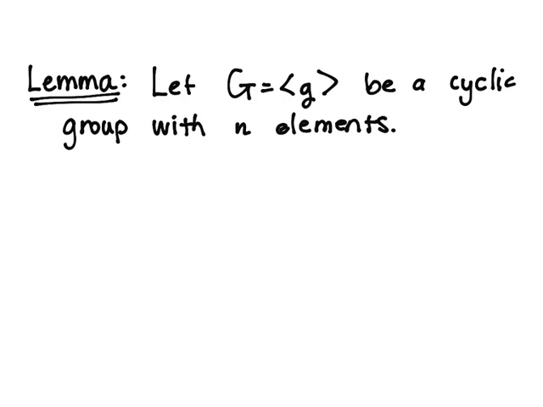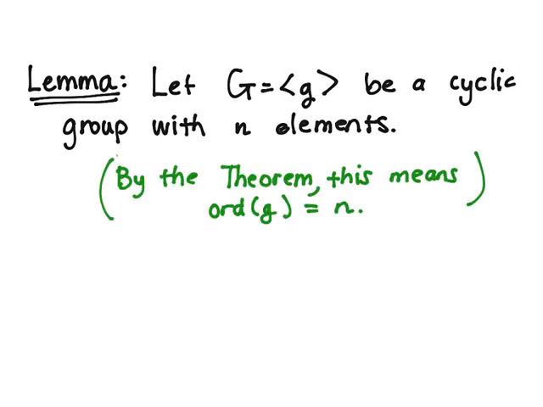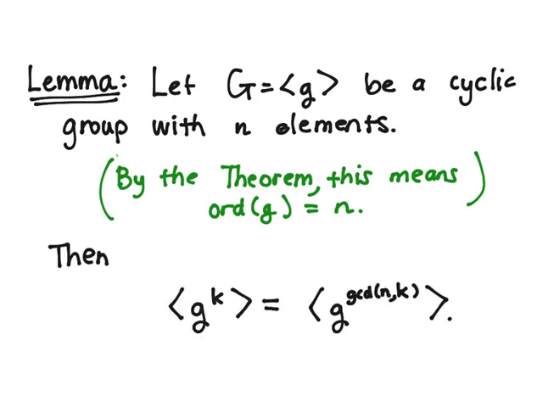It says, let capital G again be a cyclic group generated by this element lowercase g, and let's suppose that this cyclic group has n elements. By the theorem we just got done proving, another way to say that is that we're assuming that the order of this generator lowercase g is equal to n.